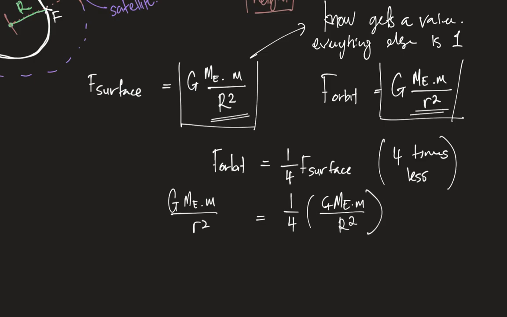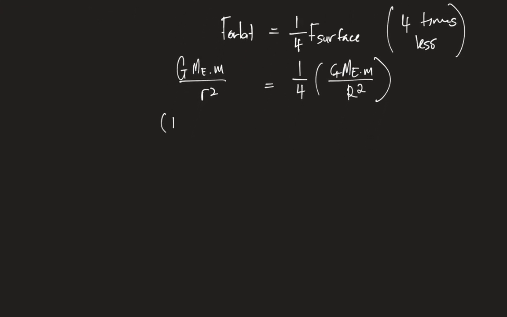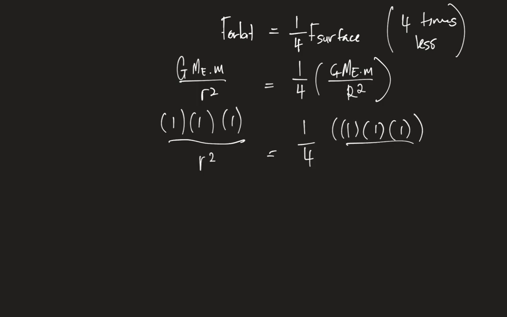There's my setup. Now all I've got to do is substitute in 1 everywhere. So here I've got 1 times 1 times 1, and I'm looking for r squared, so I'm going to leave that, is equal to a quarter, 1 times 1 times 1, all over r squared.